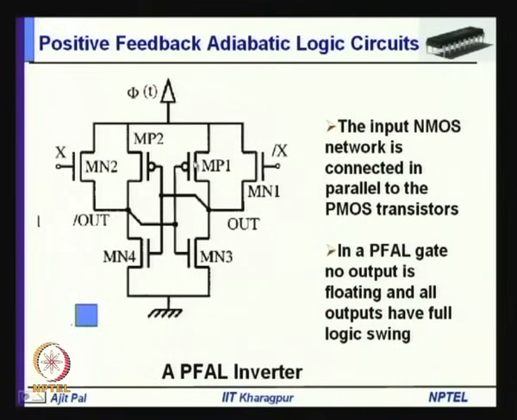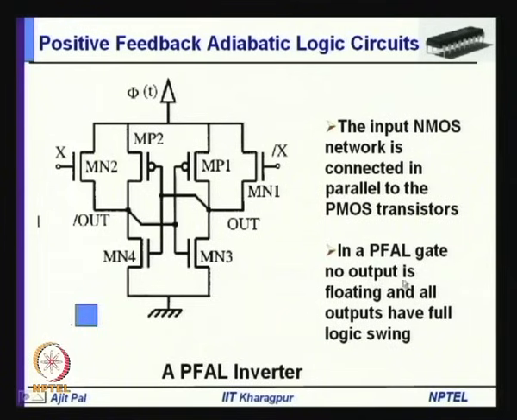Coming to the third type, which is one of the most popular, known as positive feedback adiabatic logic circuits, PFAL. Here, instead of connecting the NMOS transistor network in parallel with these NMOS transistors, they are connected in parallel with the PMOS transistors. So, the input NMOS network is connected in parallel to the PMOS transistors.